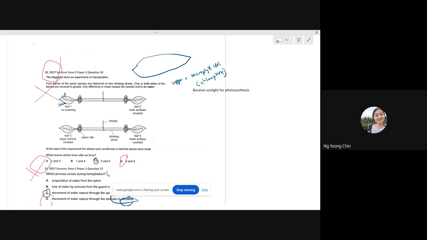But on the lower part of the leaf, they will have the stomata. Stomata are found on the lower epidermis, formed by a pair of guard cells. From the stomata, they will be doing transpiration, right?